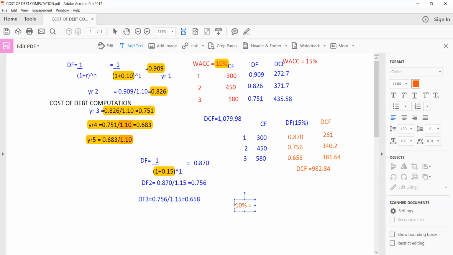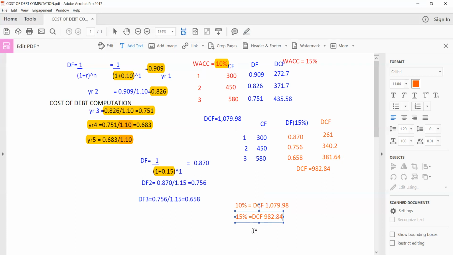We got a discounted cash flow of 1,079.98. But what happened when the discount factor increased to 15%? We now have a discounted cash flow of 982.84.